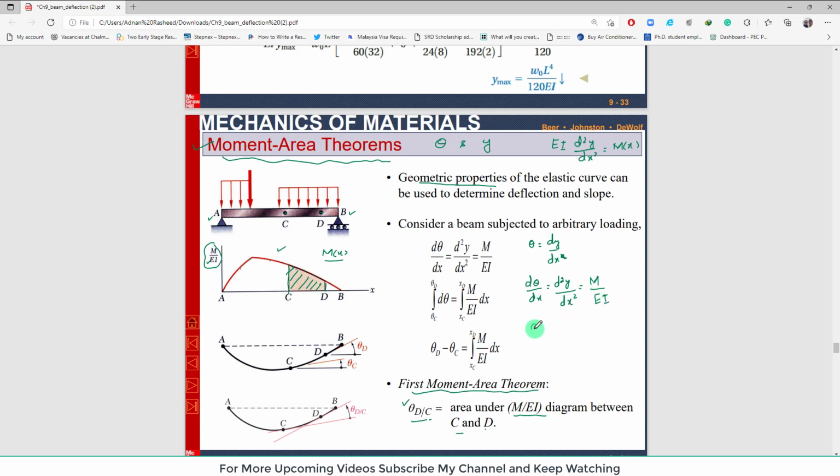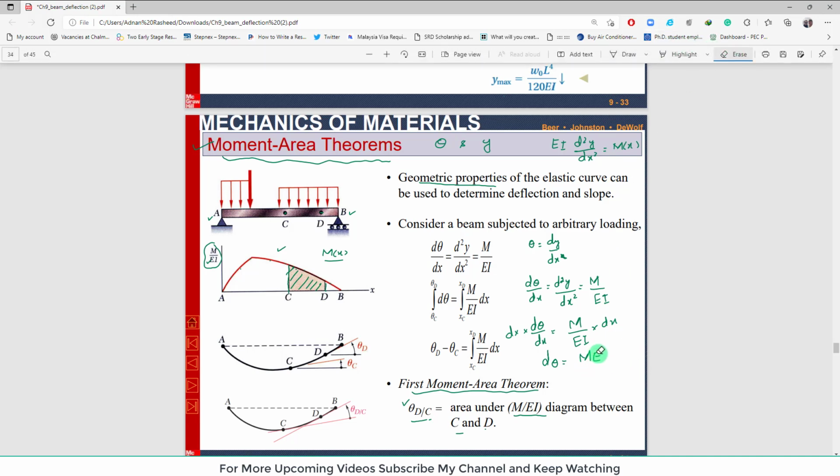If you multiply by dx on both sides, we get d theta equal to M over EI into dx.